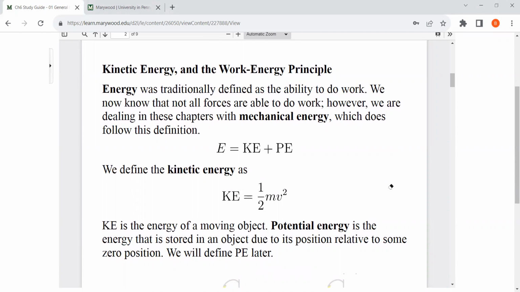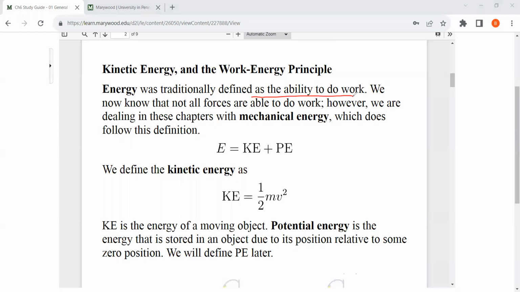Later in physics 2 you'll be learning about thermal energy and electrical energy. There is also a form called chemical energy, and many other forms. Because energy has many forms, it does not have a particular definition, but in general, energy is defined as the ability to do work.